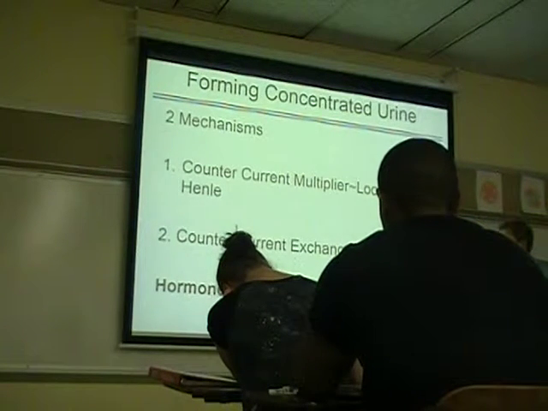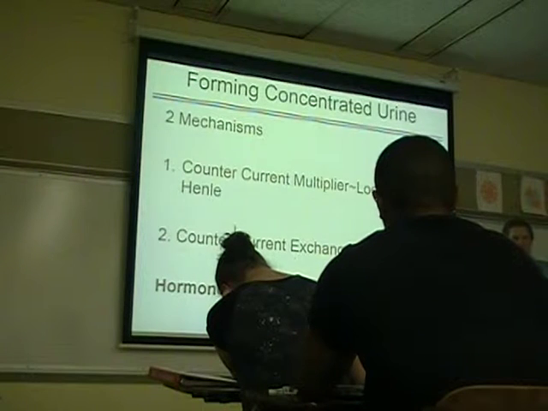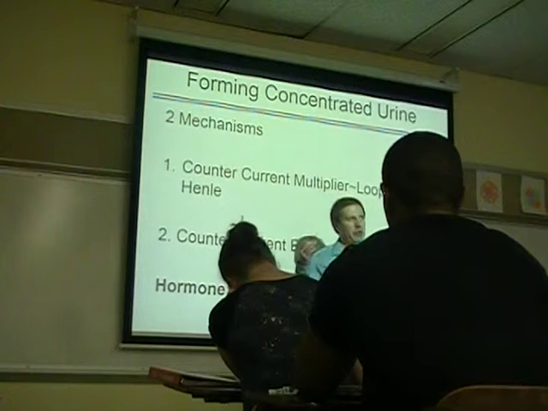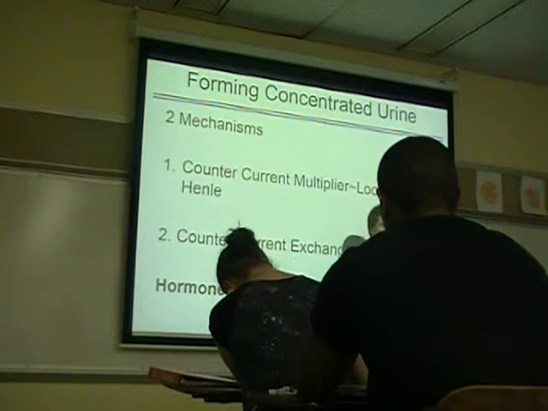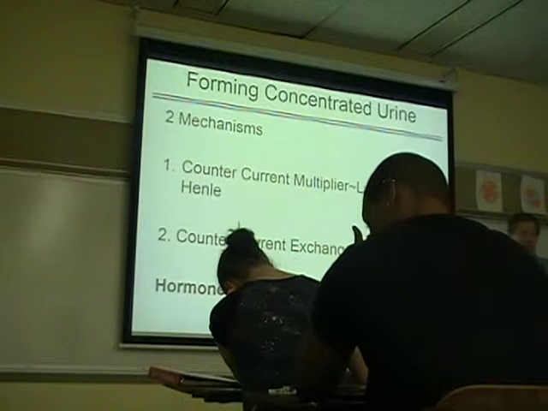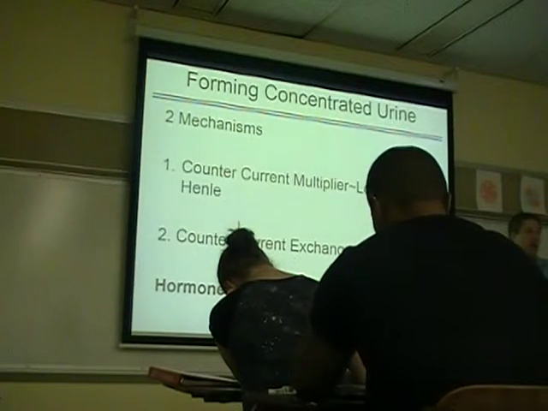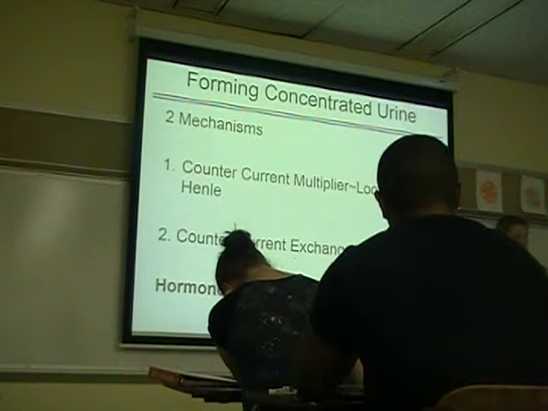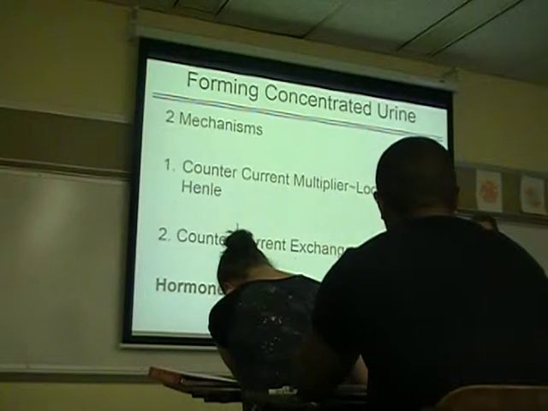But for right now, think of, hey, you've got these vasa recta that do follow the long loops of Henle, and we're saying, they are the countercurrent exchangers, but their main job, okay, as we'll see, their main job really is just to irrigate the cells deep down in the medulla, bring nutrients and get rid of waste. That really is their main job, but their orientation is such that they get this kind of moniker, the countercurrent exchanger. So their main job is to irrigate the cells deep in the medulla. But because of their arrangement, as you'll see, they get this countercurrent exchanger.